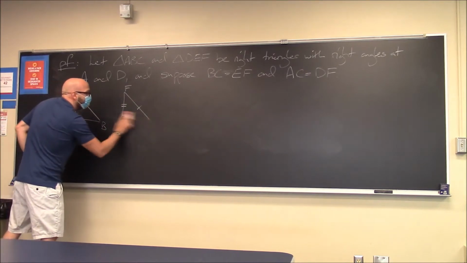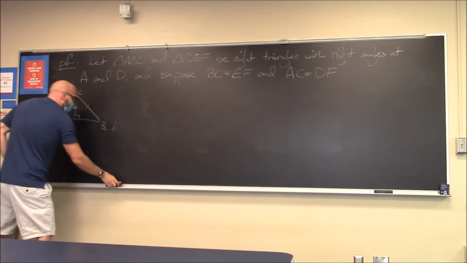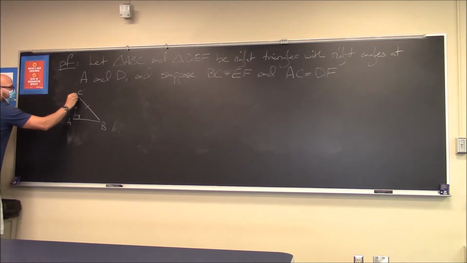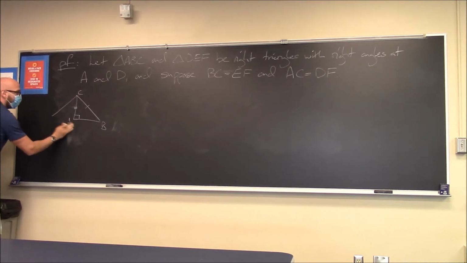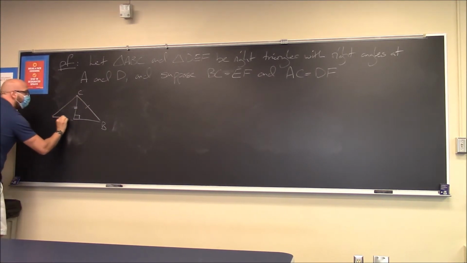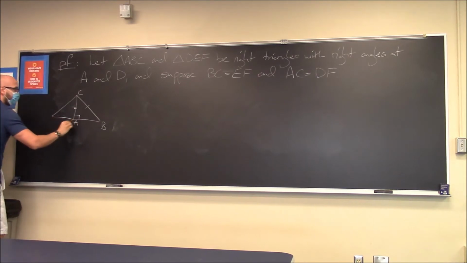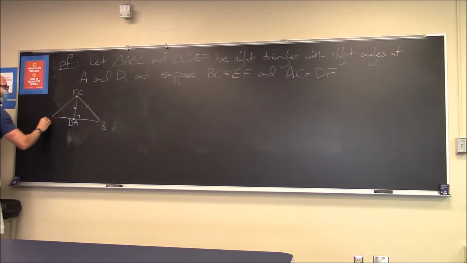So I'm just going to reposition that triangle so that it lives over here. So let's see, that was A, there's D, there's F, those two vertices just match up now. There's E.